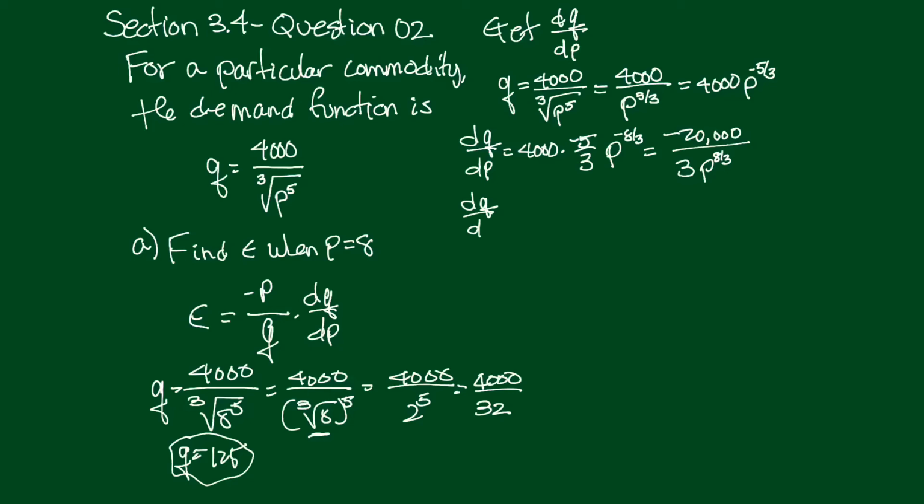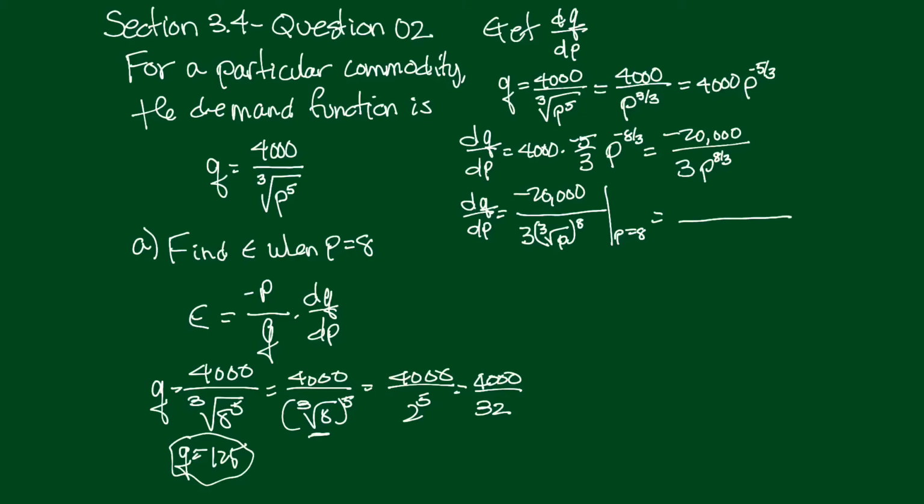dQ/dP is this fraction, negative 20,000 over 3, and now I'm going to convert this 8/3 back to radicals. This 3 down here will become the index, so it'll be the cube root of P to the 8th. And I want to evaluate this at P equals 8. So let's see where we are now.